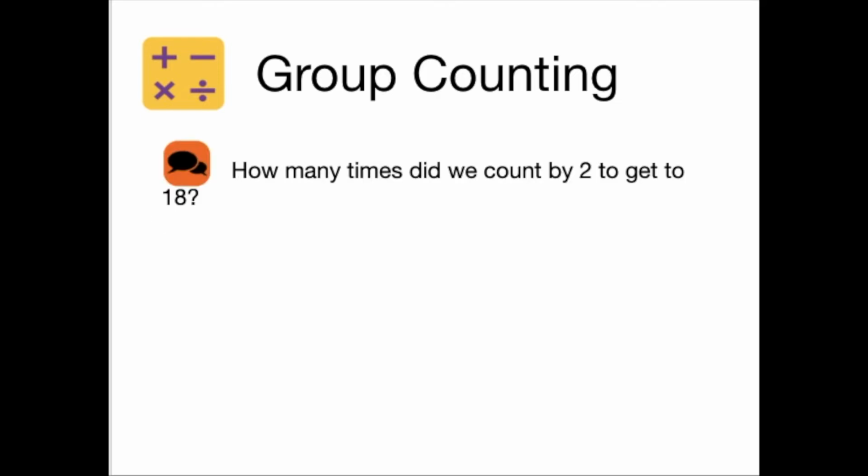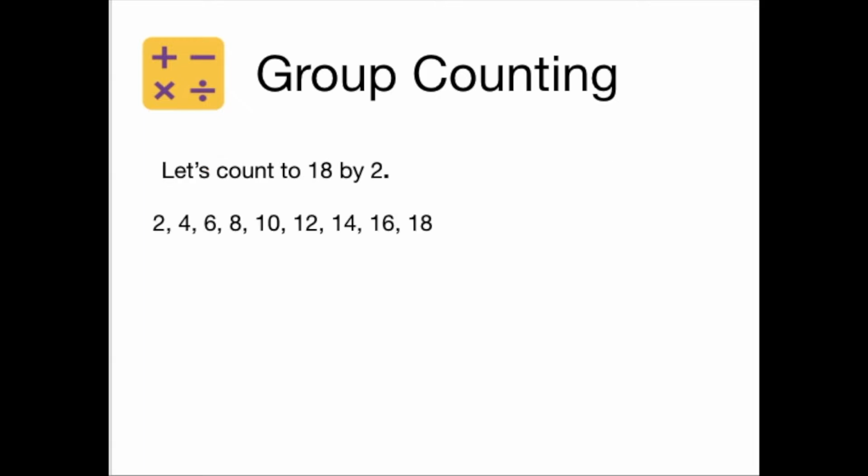How many times did we count by 2 to get to 18? Well, let's look. How many times did we count by 2? 1, 2, 3, 4, 5, 6, 7, 8, 9.